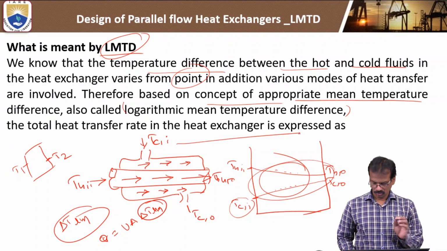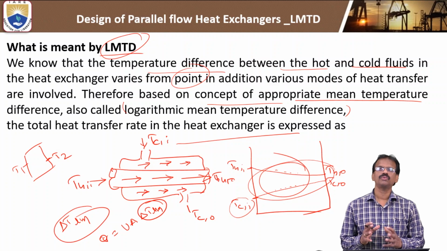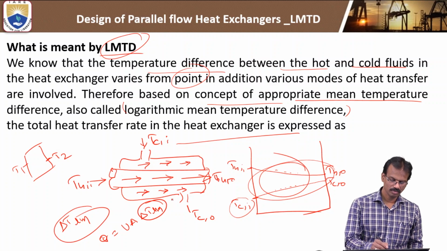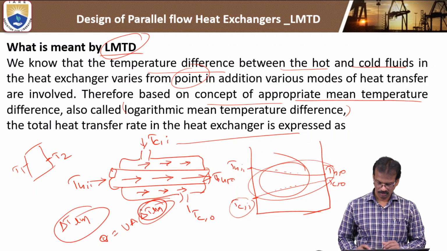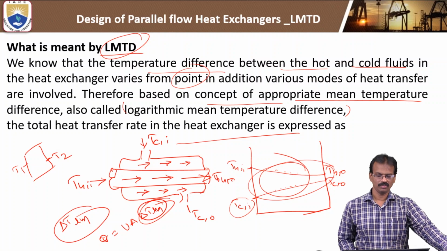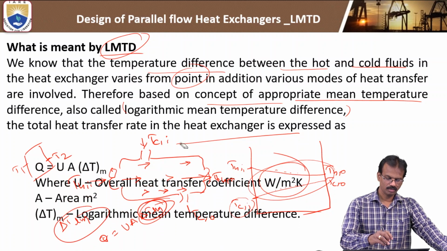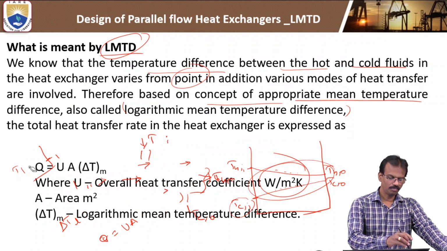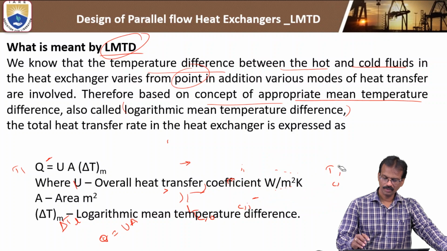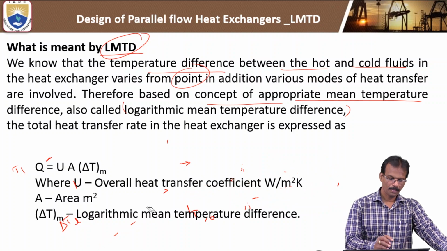Now we'll see how to find delta Tm in a parallel flow heat exchanger. These are the formulas already given, which I already explained, so you can refer to them.